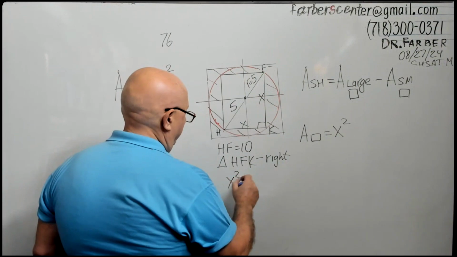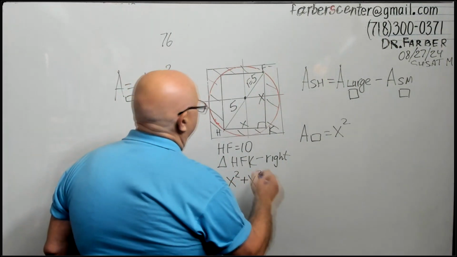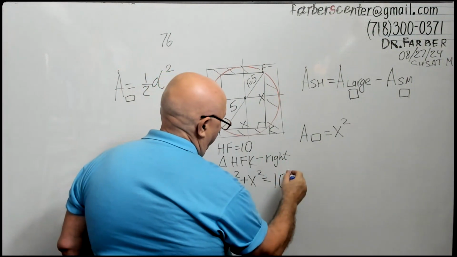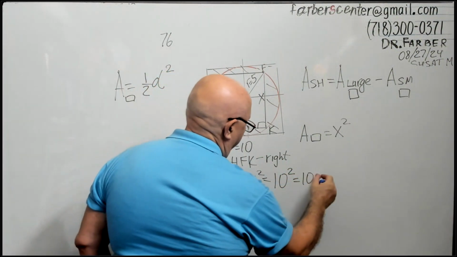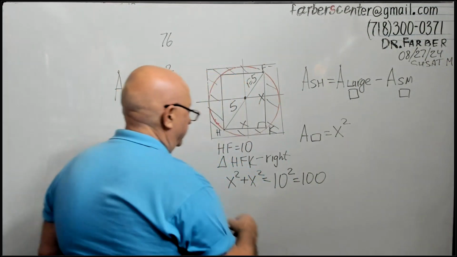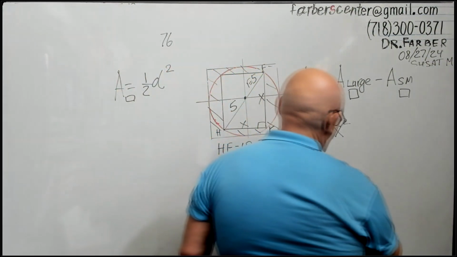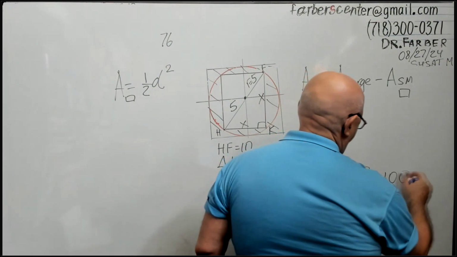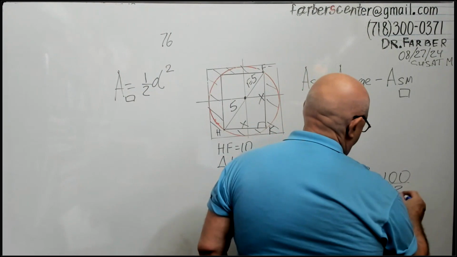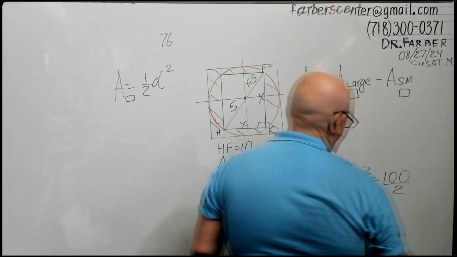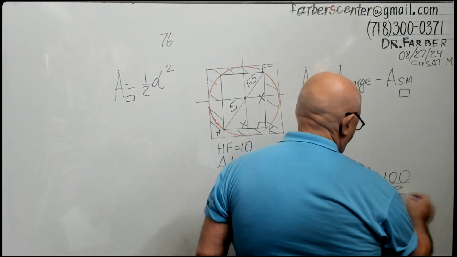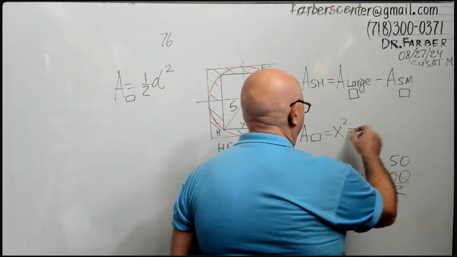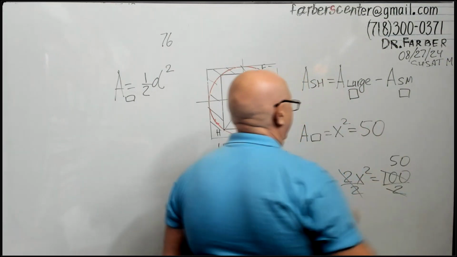I can write x to the second plus x to the second equals to 10 to the second, which is 100. Or 2x to the second equals to 100. If we divide by 2 both parts, I'll get x to the second equals to 50. I immediately get this area, 50.